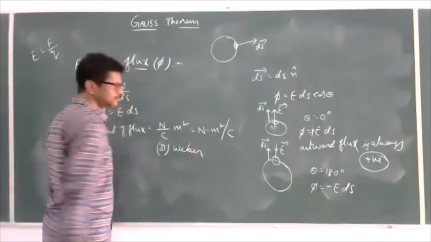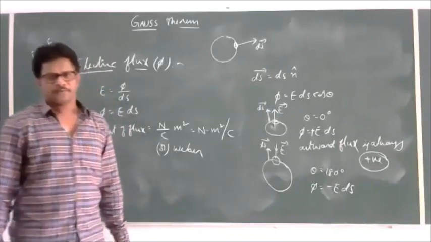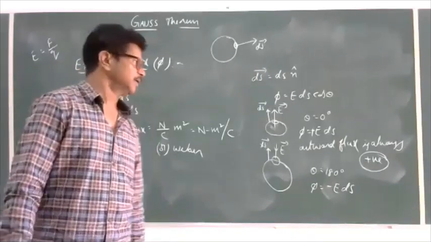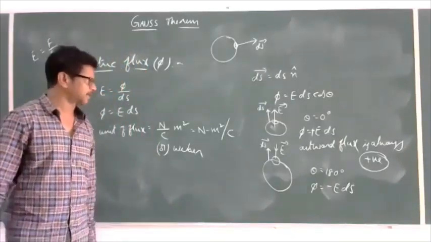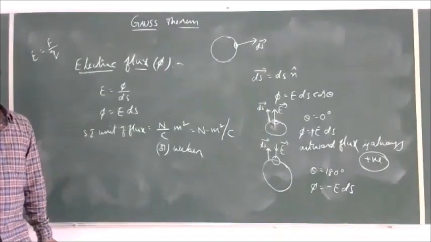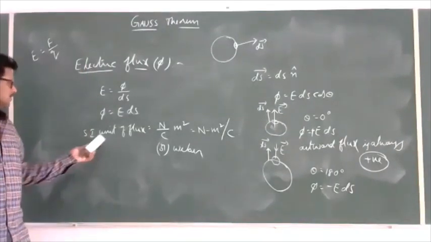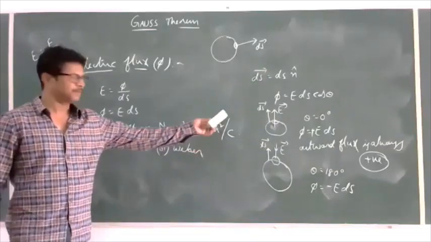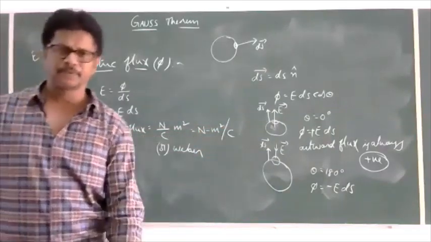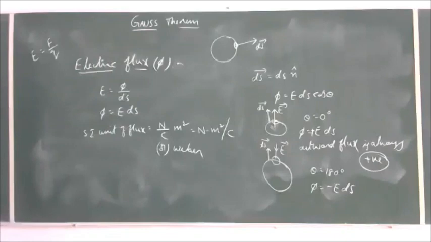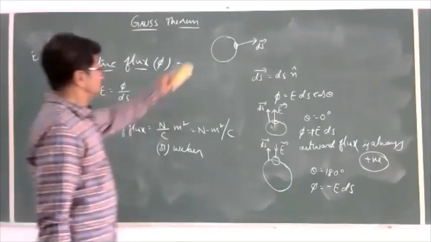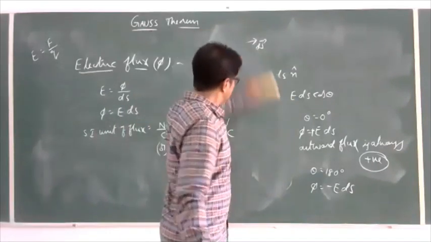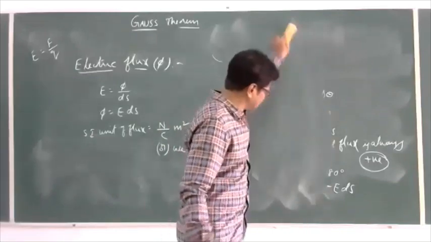Or we can write the practical unit is Weber. Weber is also the unit of electric flux. Generally, if we ask what is the SI unit of flux, we have to write Newton meter square per Coulomb only. I hope in 2020 they asked the same question, right?